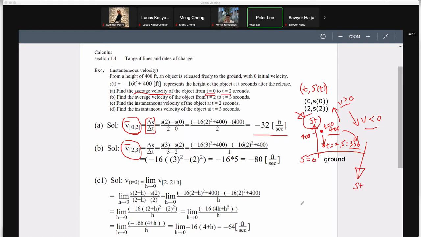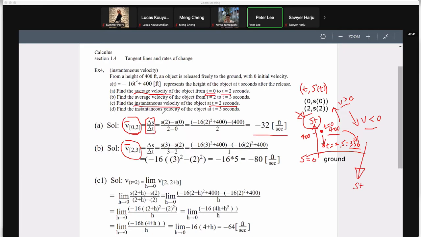Okay, now let's look at example 4, part C. Find the instantaneous velocity of the object at t equals 2 seconds. Now, we don't want the average, we now want the instantaneous velocity. So we want to find the velocity at t equals 2 seconds, not from t equals 2 to t equals 3, or t equals 2 to t equals 5.